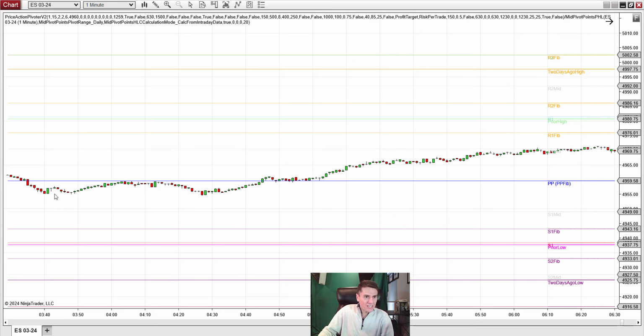As you look at it, zigging and zagging inside of the pivot level, could it do that again? You see PP, that's pivot point traditional, and then also PP Fib. I discussed this earlier in the video. It's the same exact calculation, so it's the same exact number. The differences happen on the support and resistance levels between the traditional and the Fibonacci pivots. So is it possible it gets to this number again?